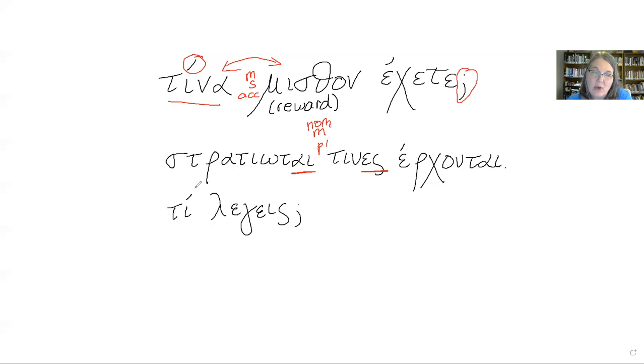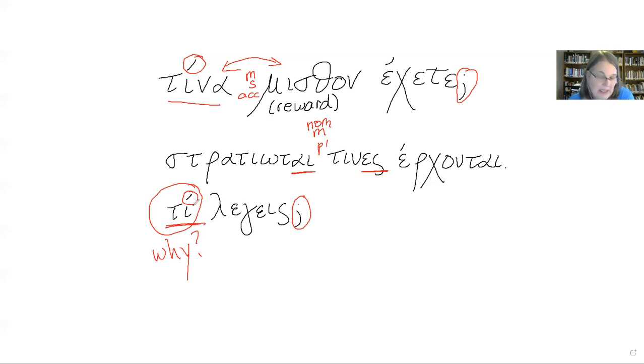Now, ti, even though it can mean what, is often used as shorthand for why. I don't remember the explanation for that off the top of my head, but mostly you just need to remember that ti is very, very often used for why. So here we have a question, we have the accent, it comes first.